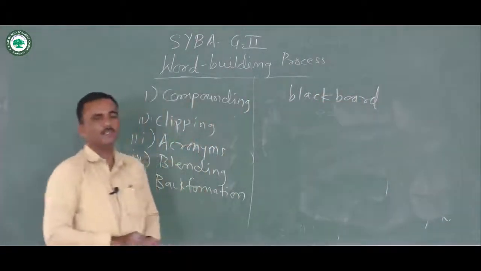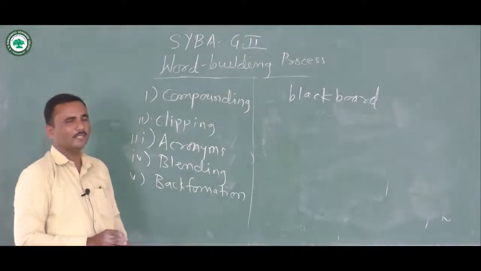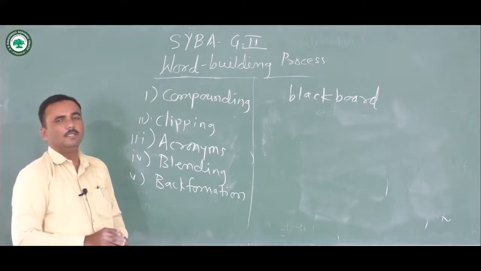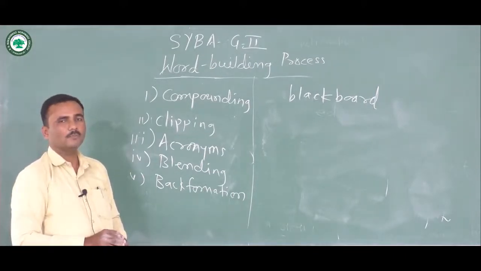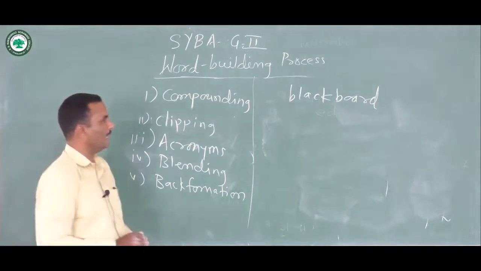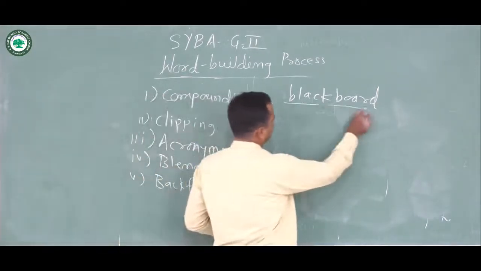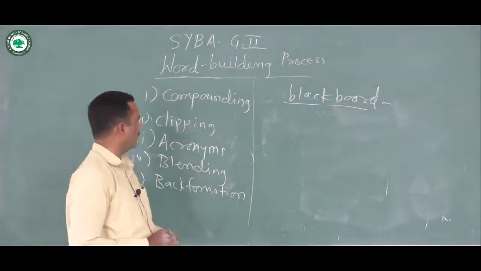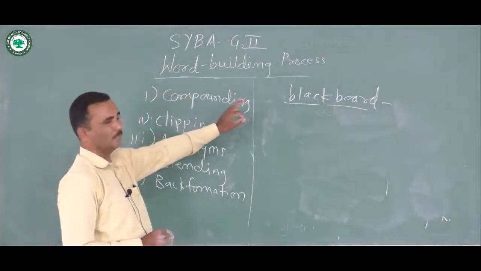Here you can see two different stems, or two different roots, have been brought together to form a new word. Bringing together black and board forms a new word. A number of words can be found by this process of bringing words together.